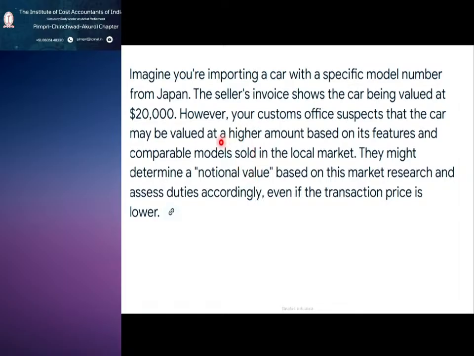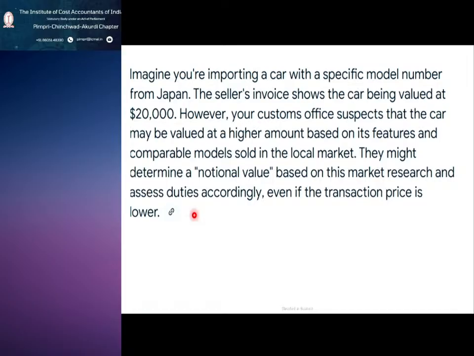So what is the next step they take? They assess at a higher amount based on the features and comparable models sold in the local market. They might determine a notional value based on their market research and assess the duties if the transaction price is lower.